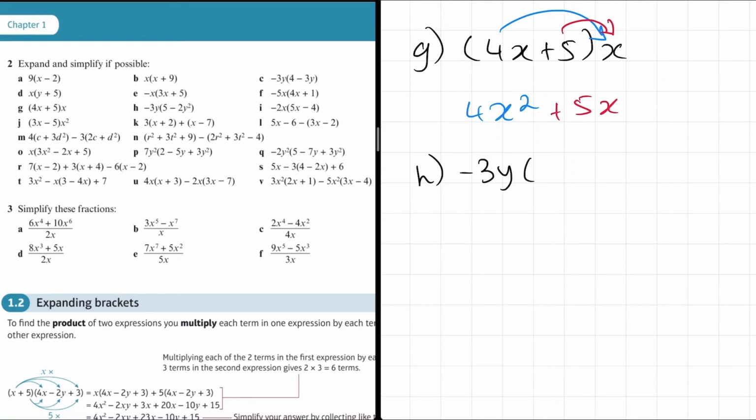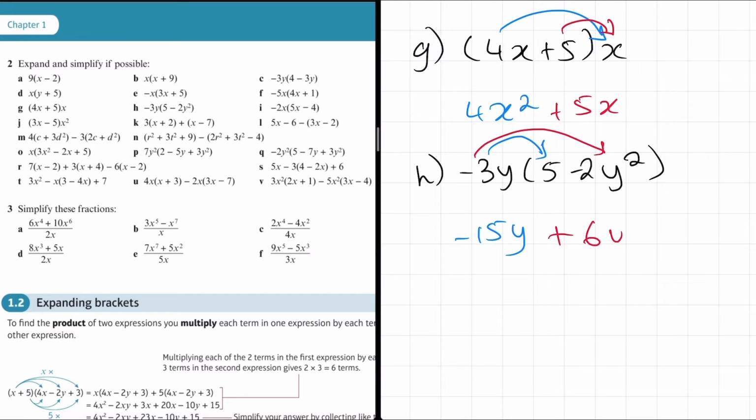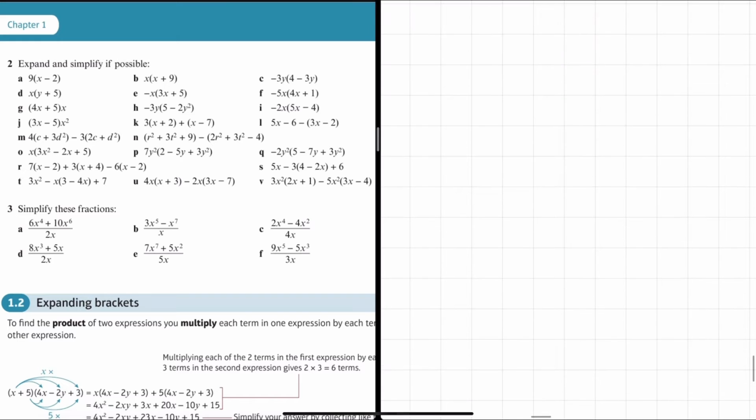H. Minus 3y times 5 minus 2y squared. So minus 3y times 5 is minus 15y, and then minus 3y times minus 2y squared is positive 6y cubed. I. Minus 2x times 5x minus 4.